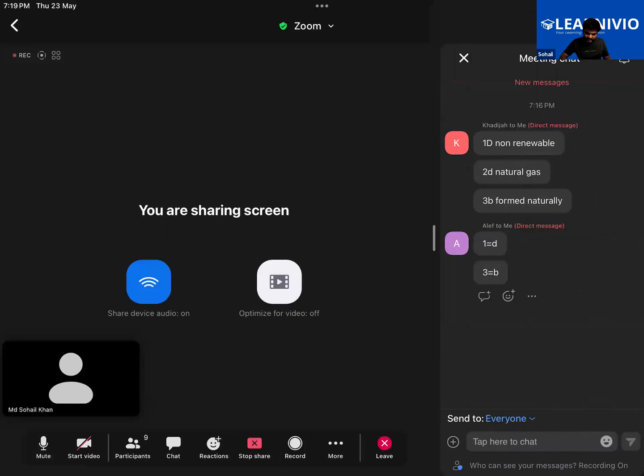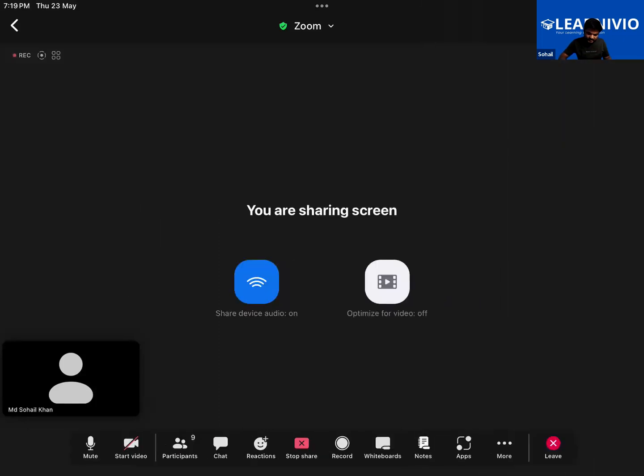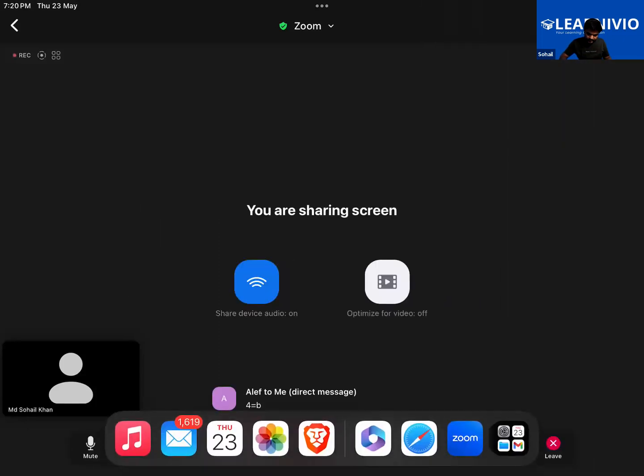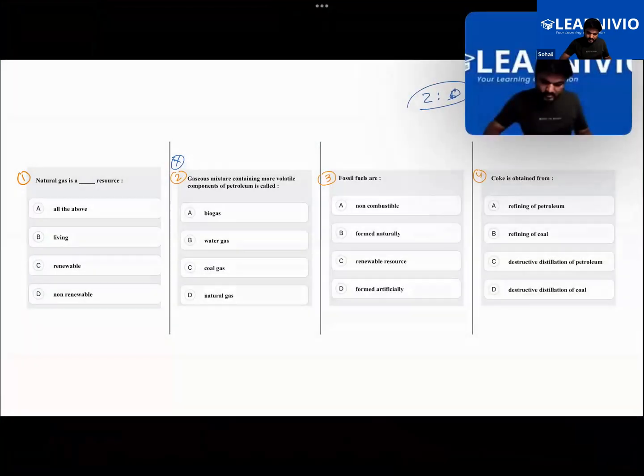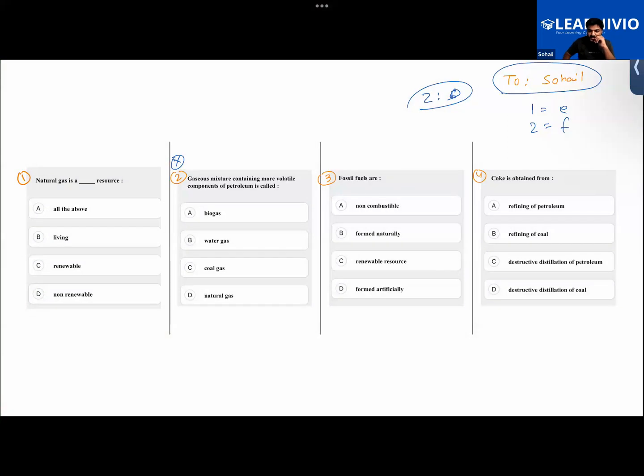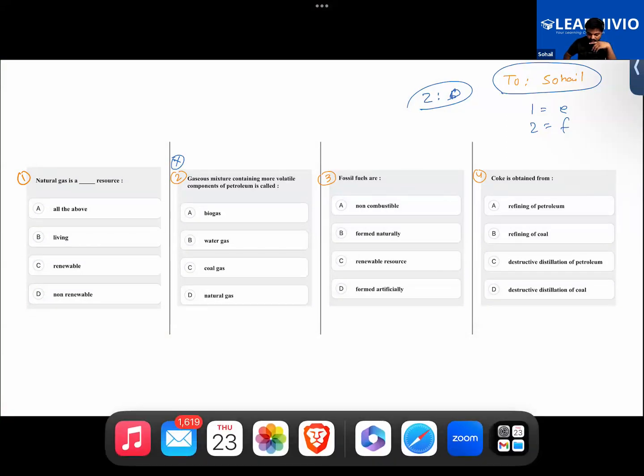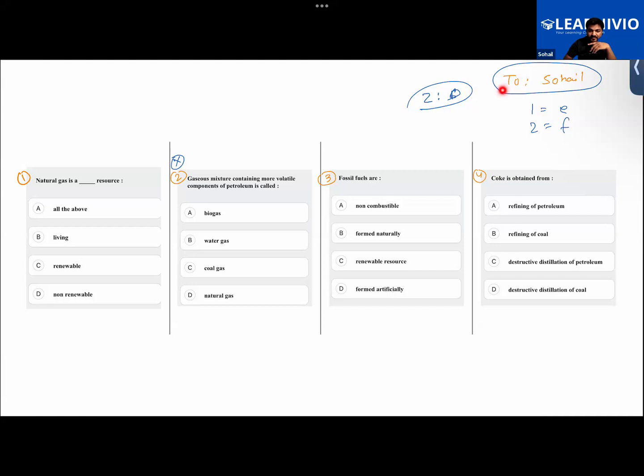Send your answers on this one. Alif, you have shared on this one. Everyone note this down, you have to send your answers on this one, because I will be able to look at your answers on this ID only.